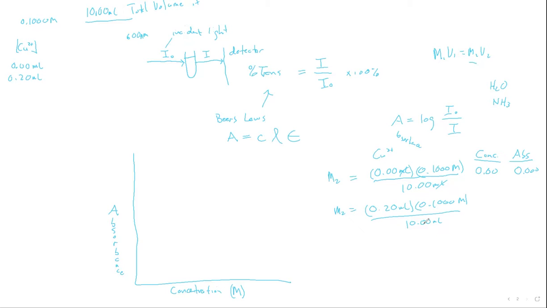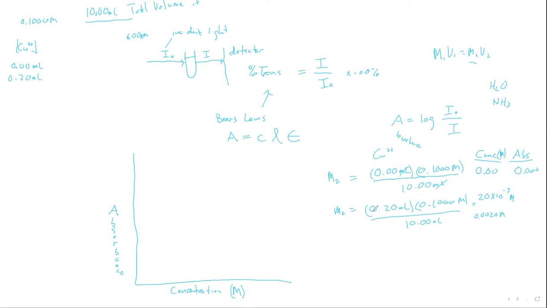This will be 0.2 times 0.1 divided by 10, so I get a concentration of, you could write it as two sig figs, 2.0 times 10 to the minus 3, or it's also acceptable to write 0.0020. That would be molarity, but you only have to write the unit once, and it'll follow you all the way down. Or you could write it up here, concentration in molarity, so you don't have to write the capital M every time.